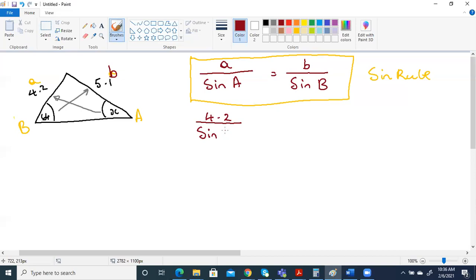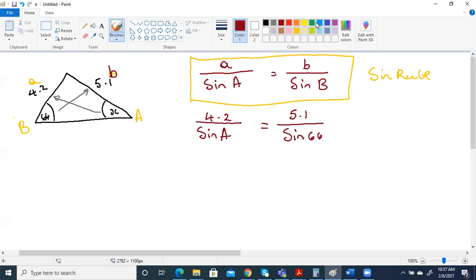Yes, the angle A, that's what we're trying to find. The second side, side B, is 5.1 over this angle, 66. So we have sine of 66.